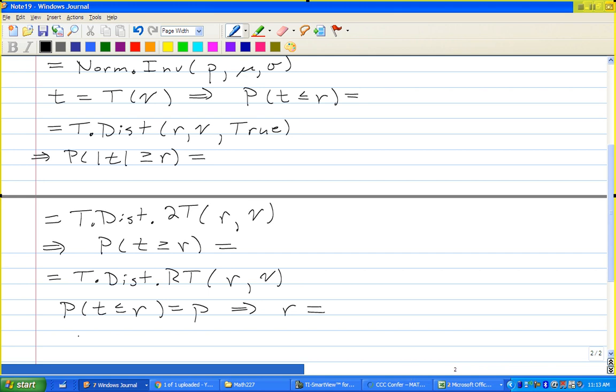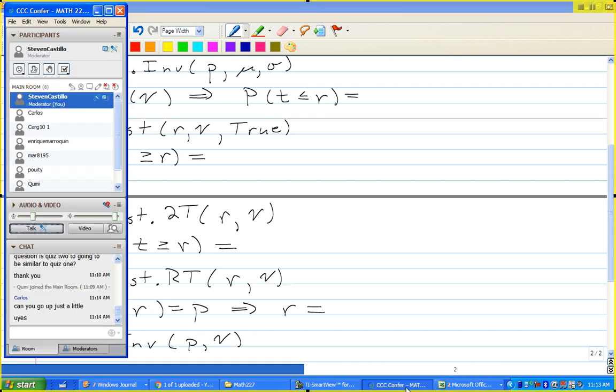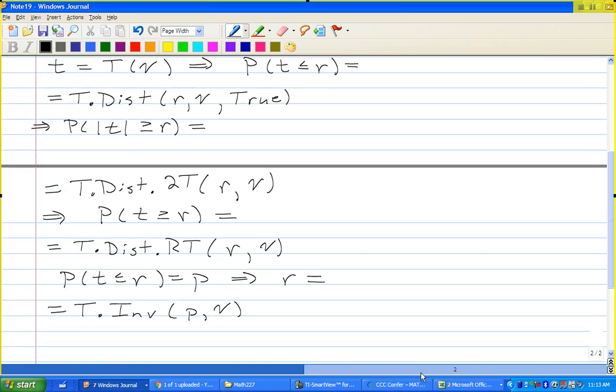Then you do t inverse of p and your degrees of freedom. Hopefully I did go up far enough. Tell me when you're done. Okay, done. Okay.